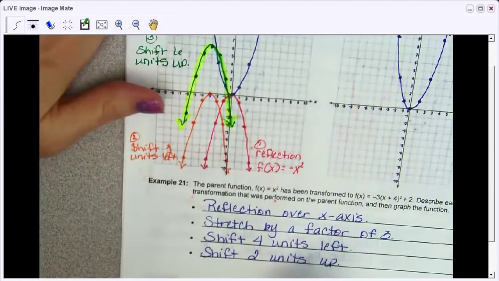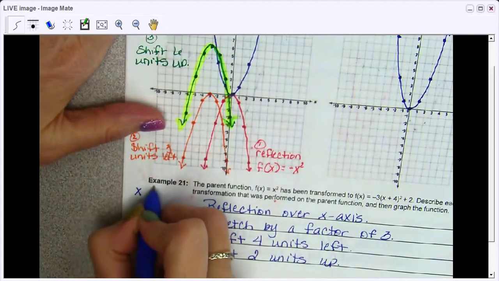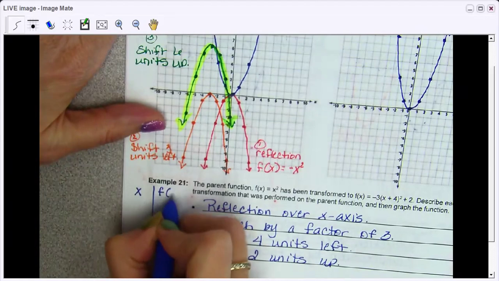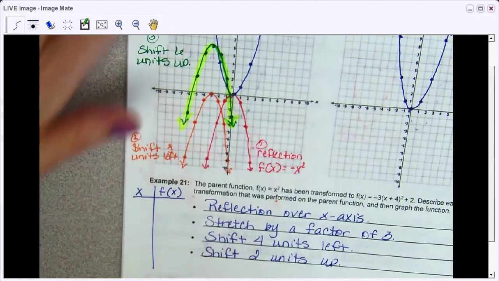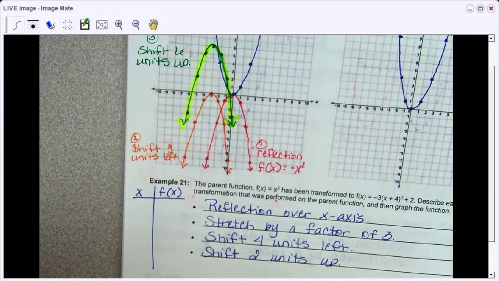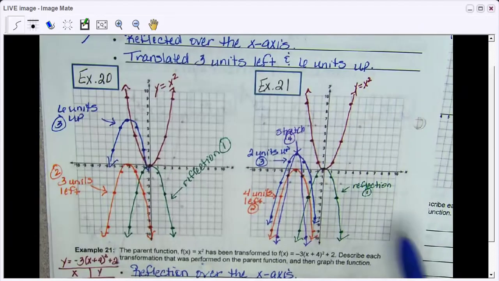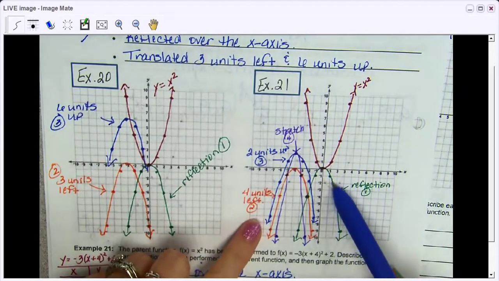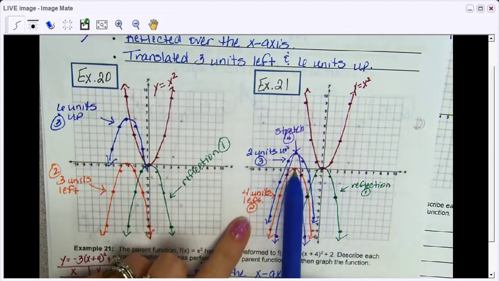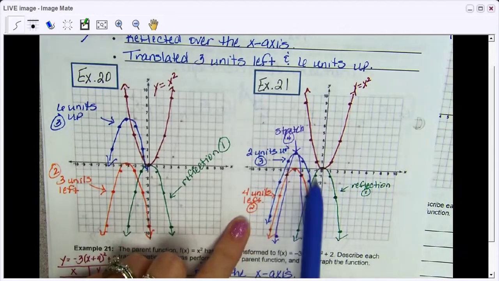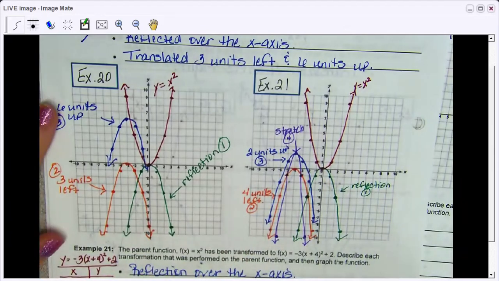So in this case, I have x and f of x. And normally I would choose like -3, -2, -1, 0, 1, 2, and 3. Now, because I've already done this, I know that because this was the one I did last year, and I reflected, then I shifted 4 units left, then I shifted 2 units up, and then I did a stretch. Huh?